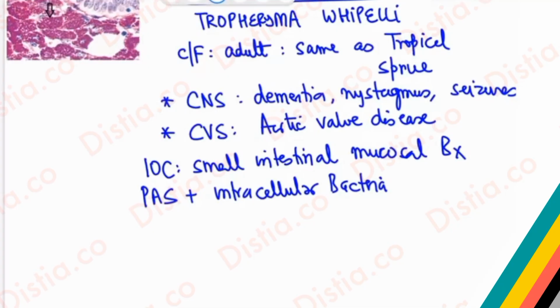PAS positive intracellular bacteria. Now a related terminology I can mention here is alpha-1 antitrypsin deficiency, because there also you read about PAS positive inclusions in the hepatocytes. In alpha-1 antitrypsin deficiency, you have defective alpha-1 antitrypsin, which is defective in the sense that it is produced, but it is not excreted.